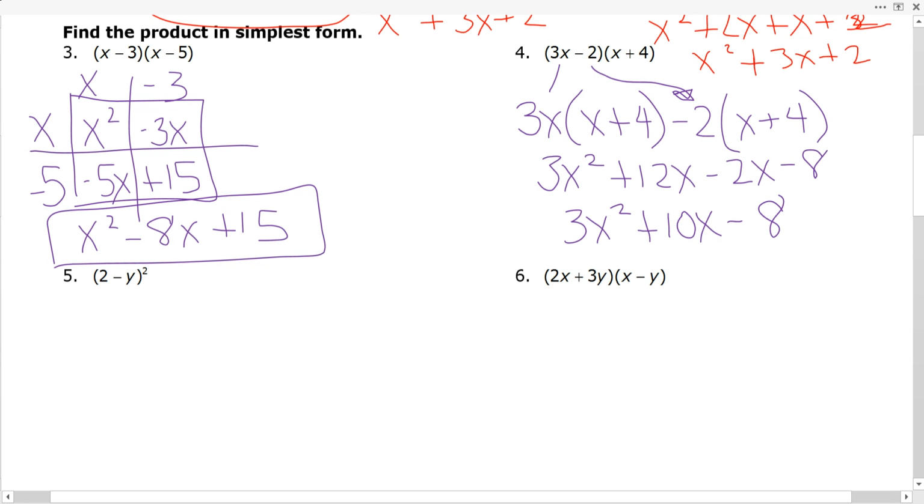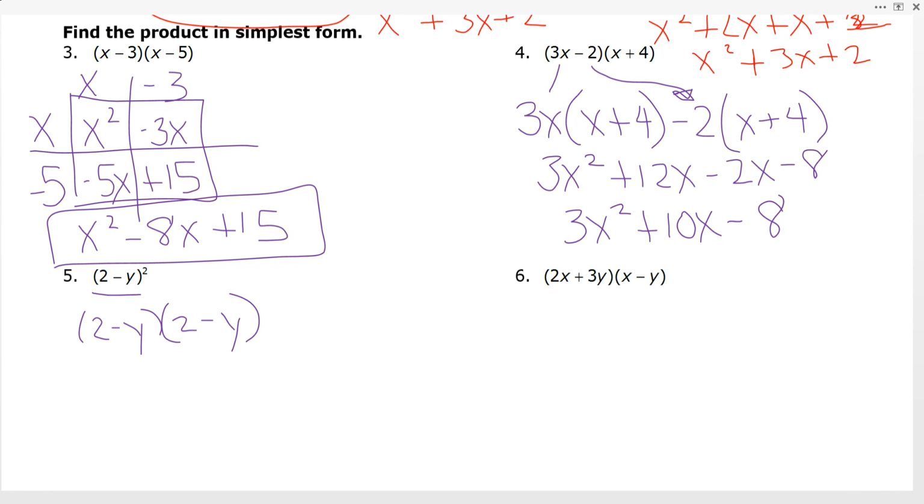Okay, so number 5, if I'm squaring this, 2 minus y, remember this is my base. So what I have is 2 minus y times 2 minus y. This makes it a little confusing because they're both exactly the same, but it doesn't change what I do.